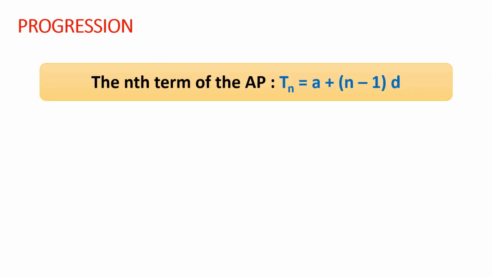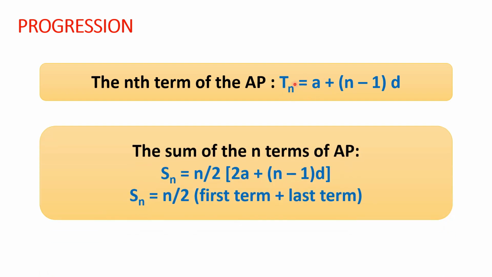We have to remember some of the equations for arithmetic progression. If you want to find the nth term of the AP, like the final term of the AP, you have to use this equation: Tn equal to a plus n minus 1 into d.